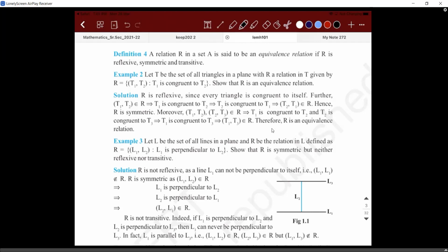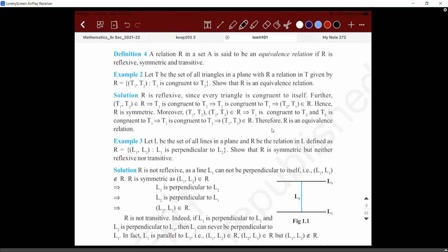Let T be a set. Instead of A, they gave T. It's the set of all triangles. What do you mean by all triangles? That set contains scalene, isosceles, right-angled isosceles, right-angled, whatever it is.